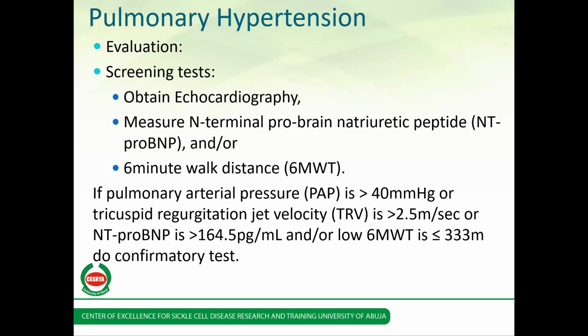If pulmonary arterial pressure is greater than 40 millimeters of mercury or tricuspid regurgitation jet velocity is greater than 2.5 meters per second, or NT-proBNP is greater than 164.5 picogram per milliliter, and/or if the 6 minute walk is low, less than 333 meters, do confirmatory tests.